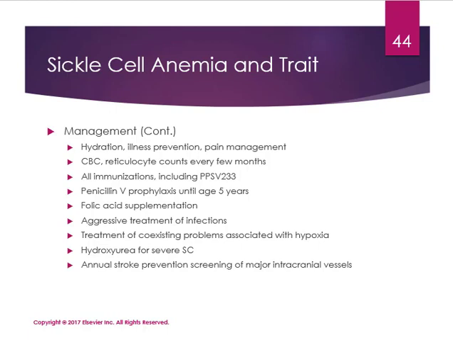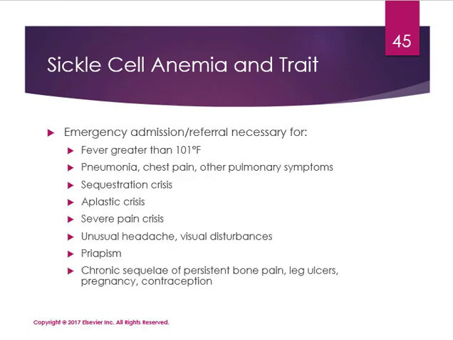With these kids, often there is need for emergency admissions or referrals, and so some things to look out for are fevers greater than 101, if they have pneumonia, chest pain, or any other pulmonary symptoms, if they're experiencing a sequestration crisis.